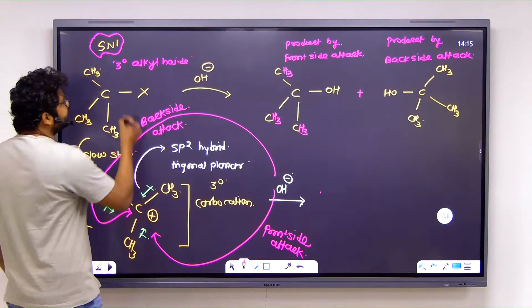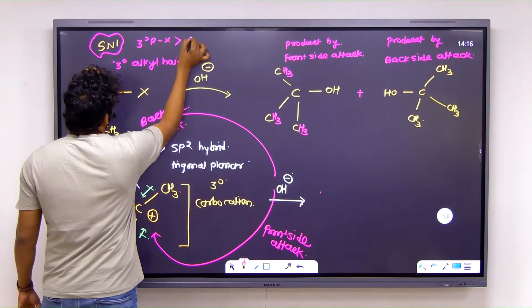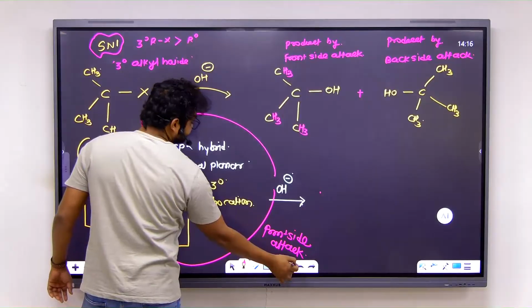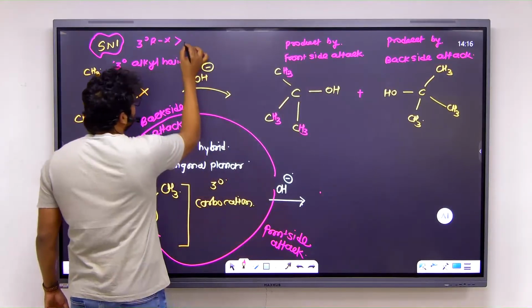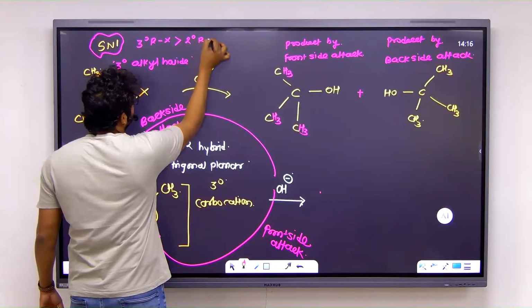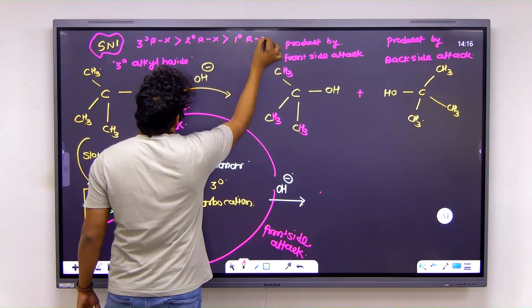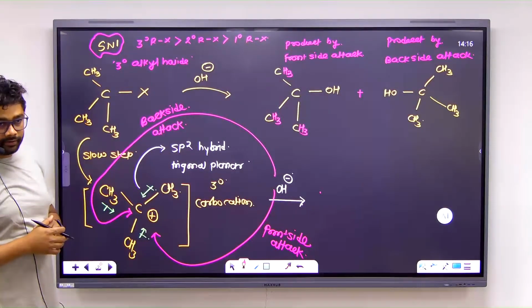If you see the reactivity, tertiary RX are more reactive than secondary RX, and secondary RX are more reactive than primary RX. Why?